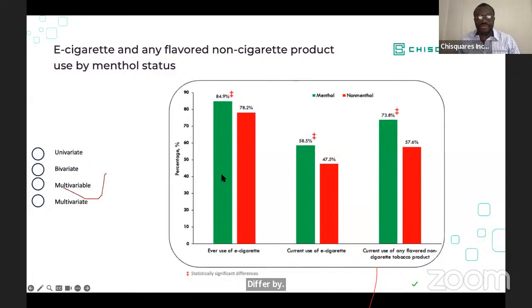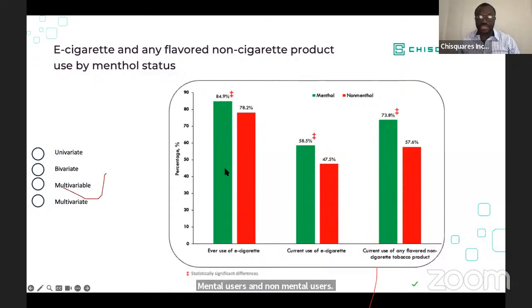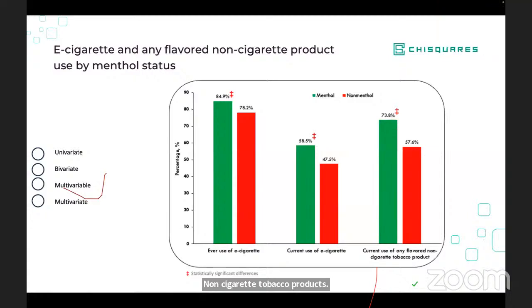The green represents the menthol cigarette smokers, and the red represents non-menthol cigarette smokers. This indicates ever use of e-cigarettes, current use of e-cigarettes, and current use of any flavored non-cigarette tobacco products. What kind of analysis is this? Sorry? Multivariable.